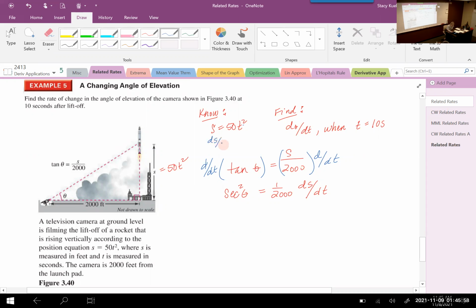Okay, so ds/dt is equal to 100t, because I'm taking that with respect to time in the first place. Now, secant squared over here.